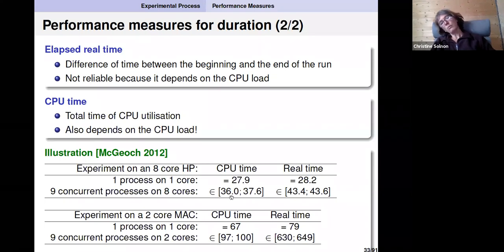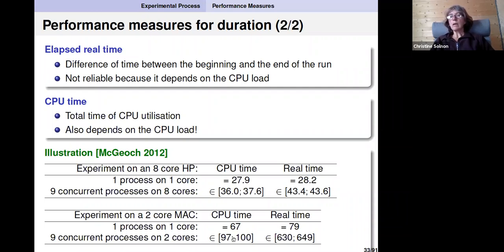It is one third larger here. And this is even more important on the Mac because it only has 2 cores.